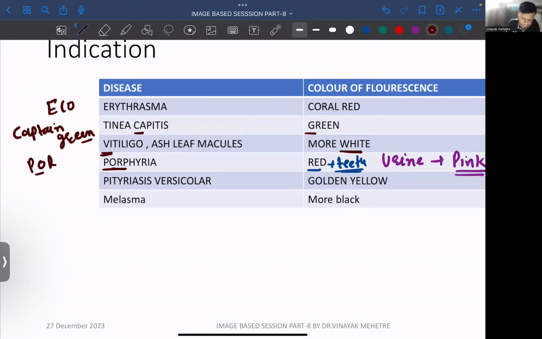Po stands for porphyria, R stands for red, right? And PV, where do we do it? We do it in the gynecology department, right? PV is done in gynecology. What is PV? You know it, no need to tell. Melasma. When someone becomes Mela, what do they become? Black. Okay.